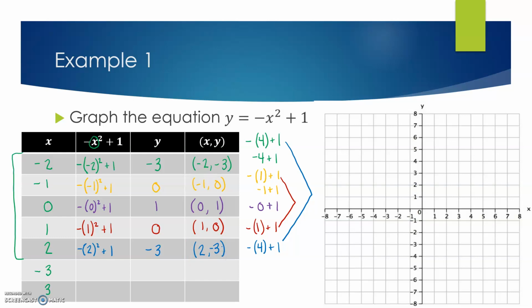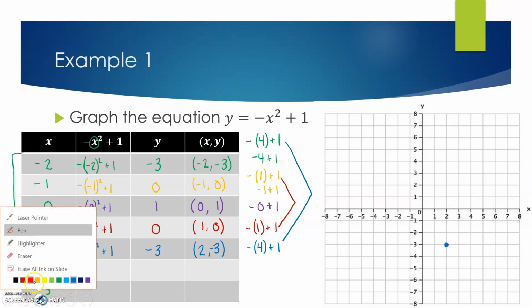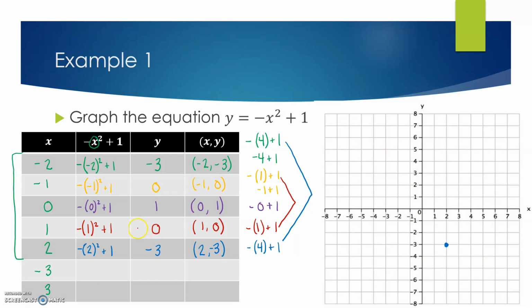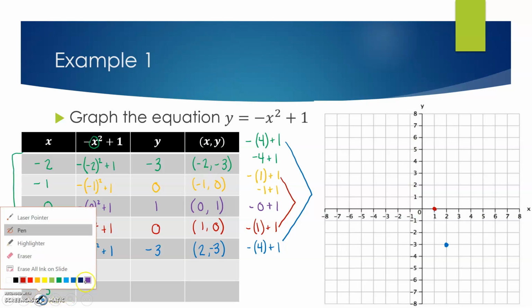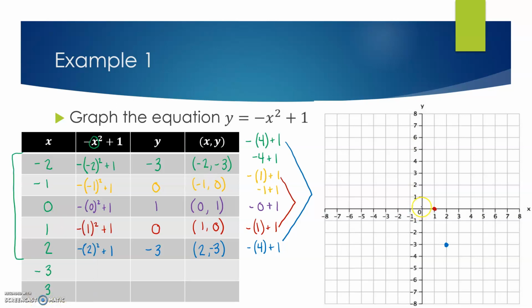All right, so I've got 2, negative 3, so I'm going to go 2 and then down 3. For this one here, I've got 1, 0, which is going to go right here. Then I have 0, 1, which is going to go here.